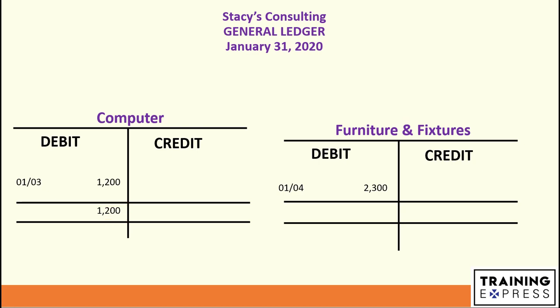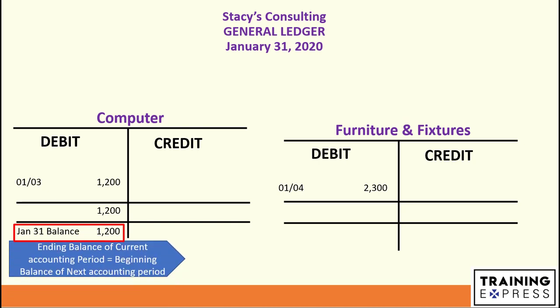The credit side balance is basically 0. So when we calculate the difference between the debit and credit side, our ending balance of computer on January 31 will be $1,200. We have to remember that the ending balance of the current accounting period is the same as the beginning balance of the next accounting period. In other words, the ending balance of January will become the beginning balance of February.